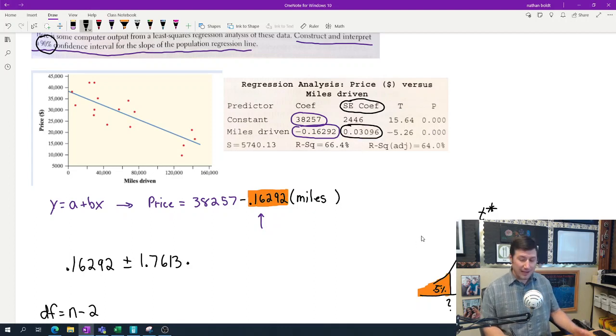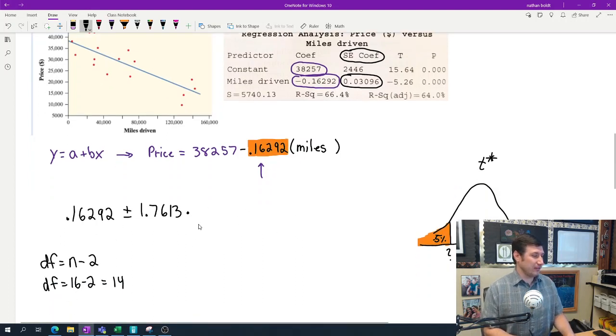I talked to their stats teacher, and he said these types of problems are super rare, and they give you the computer data like this. So I don't think you need to come up with the standard error. The book says you don't really calculate this by hand. So there it is. The standard error is 0.03096. It is the standard deviation, essentially, of the slope, or at least our estimate of it using the sample.